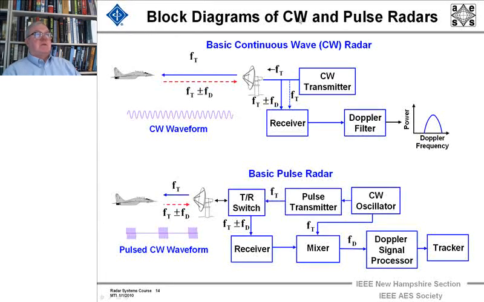Block diagrams here are of CW and pulse radars. With a CW radar, you just keep transmitting, and what comes back is not only energy at the transmitted frequency, but the Doppler shifted energy. If the target is coming or going, the Doppler frequency of the target is added or subtracted. It's just an infinite, or semi-infinite, CW waveform. This is just about like your police radar.